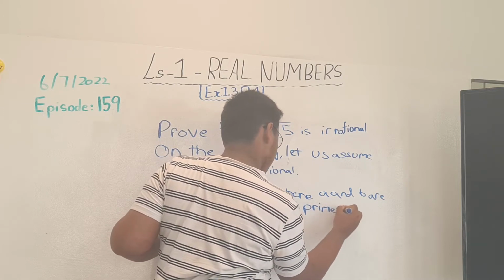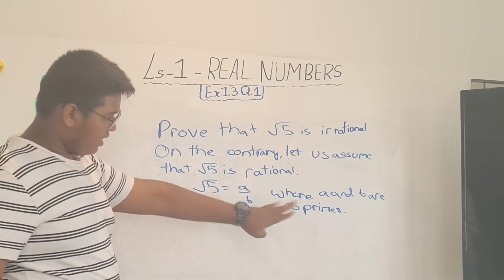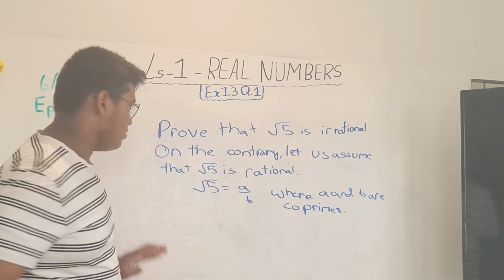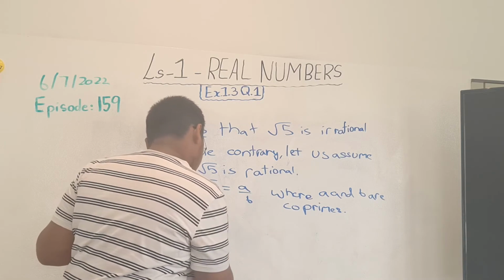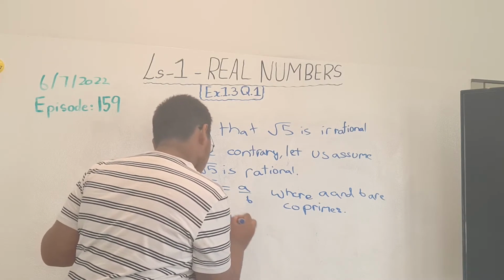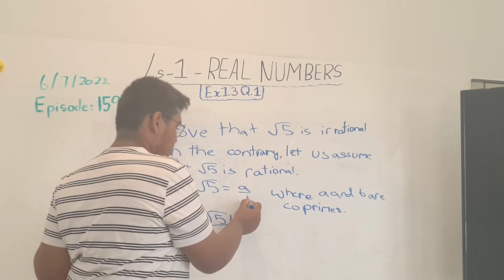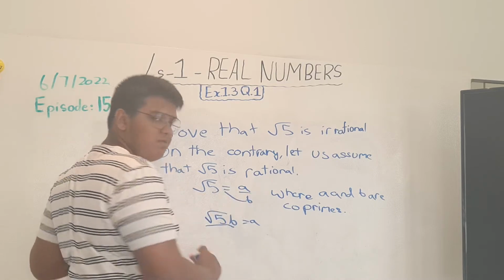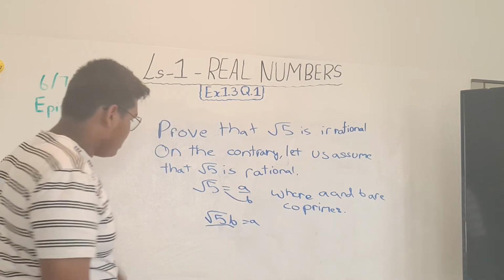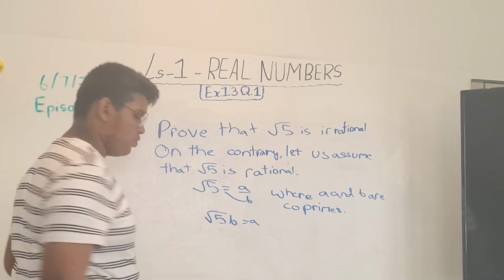Then our next step will be root 5 b equals a. How did we get root 5 b? This b, when we transpose to the other side, being in division, it becomes multiplication. So root 5 b is equal to a.